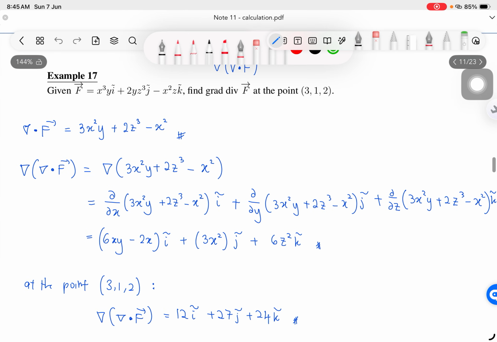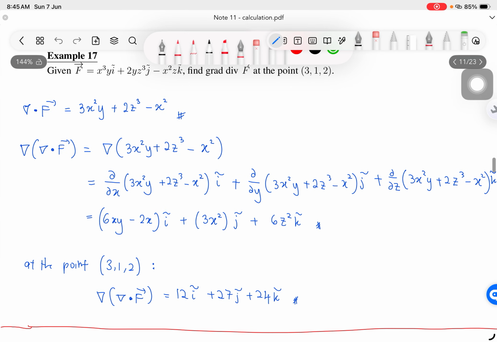So we substitute (3, 1, 2), and when we substitute inside this expression, we obtain this one.